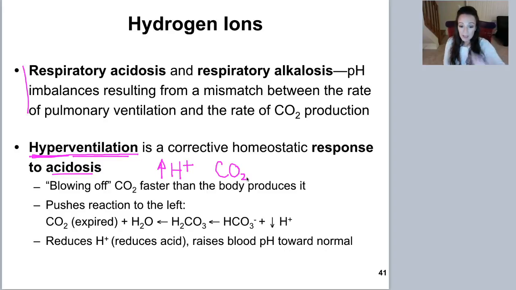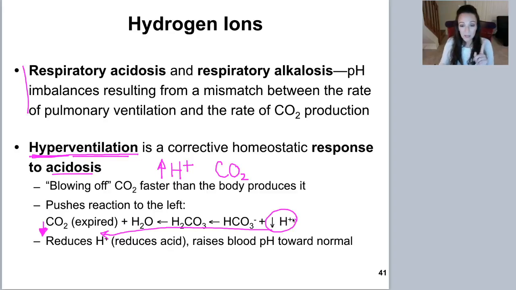Okay? And as we're pushing that CO2 out of our body, if this is our equation here, right now we're decreasing our CO2 levels by pushing it out of our body. This equation will actually shift over to the left, and we've seen this on the previous slides, taking some of this hydrogen and bicarbonate from over here and moving it over to the left, decreasing the amount of hydrogen in our bloodstream.